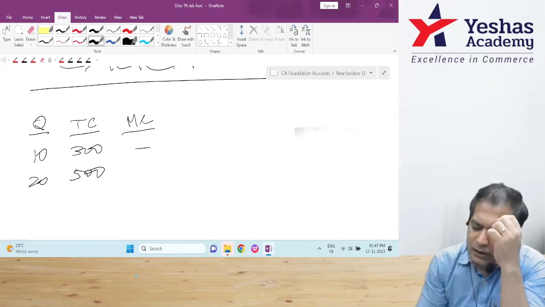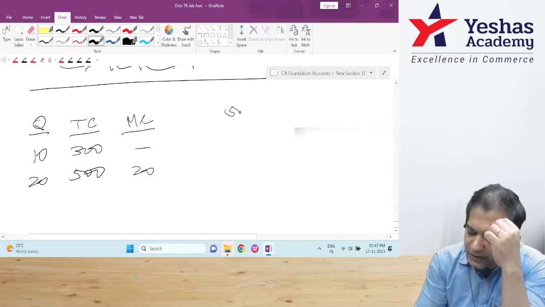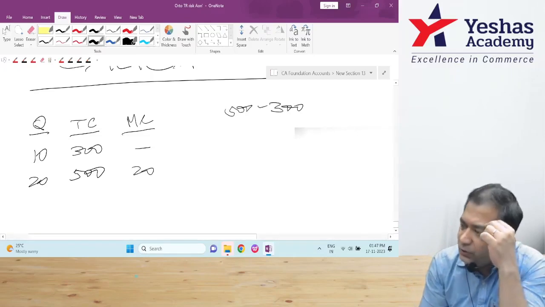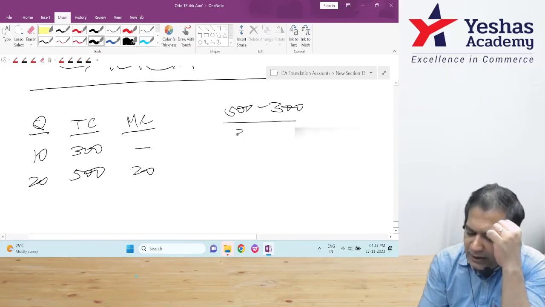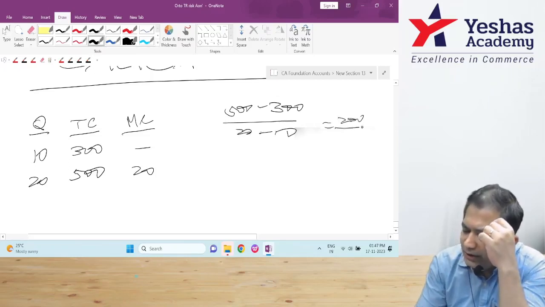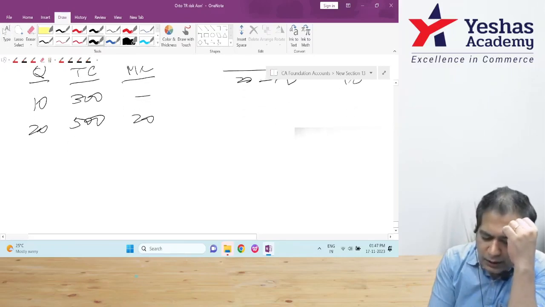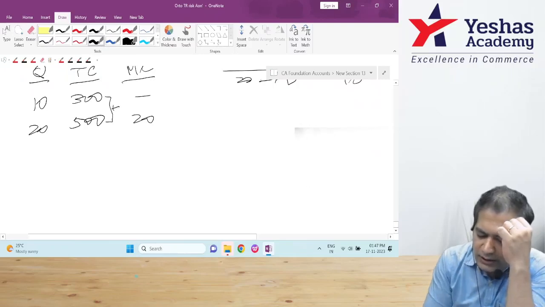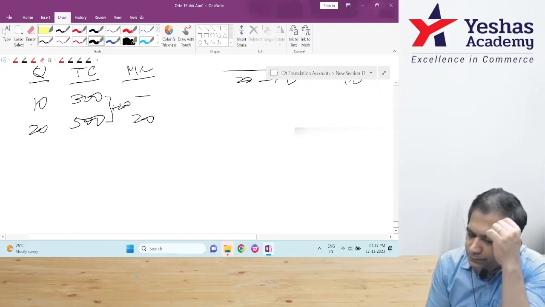It will be 500 minus 300, change in total cost, divided by 20 minus 10. That is 200 by 10. Now, from here to here, 10 to 20, my total cost has increased by 200.